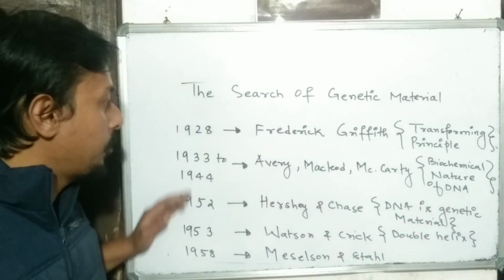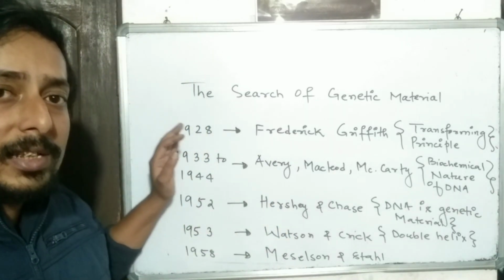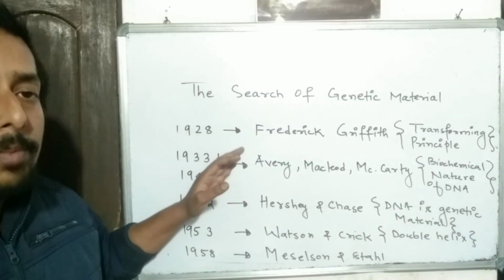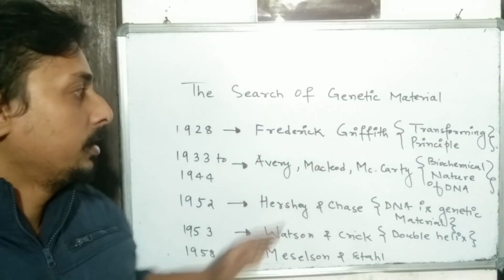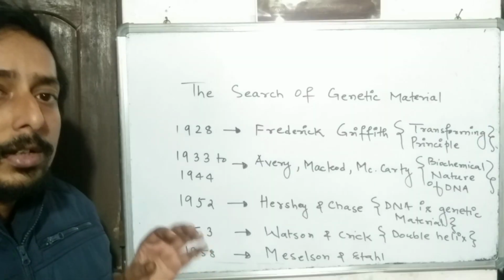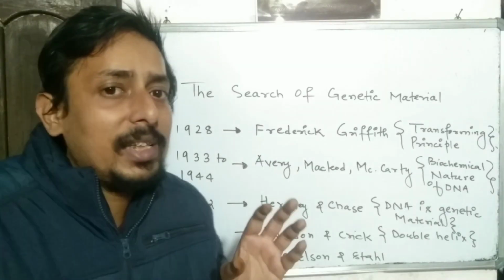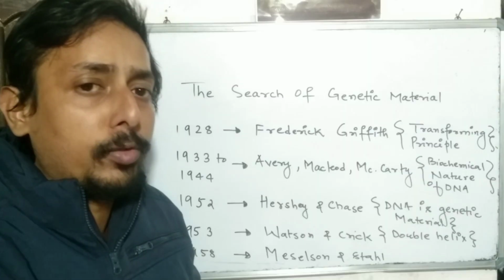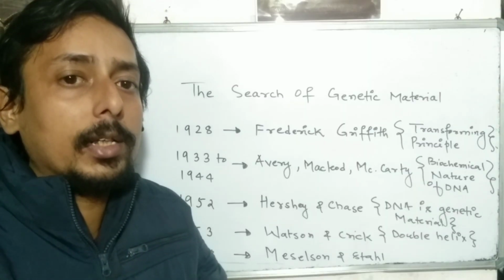So many scientists came. From 1926, the research was going on. The first scientist that we remember is Frederick Griffith. Griffith's experiment shows that there is something called genetic material that transfers from one progeny to another.